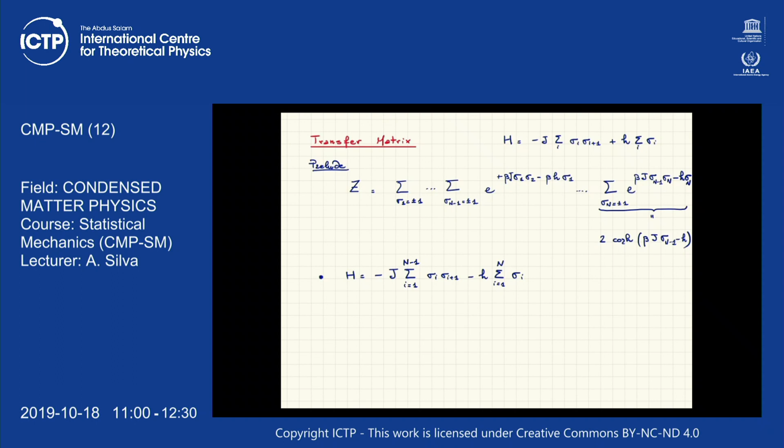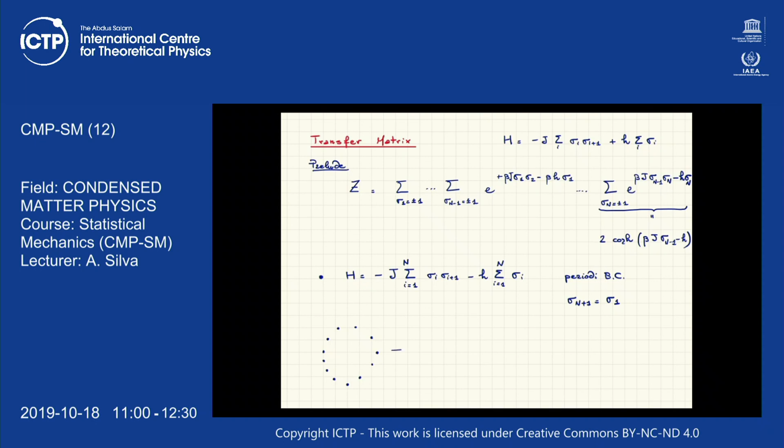Now, I want to have periodic boundary conditions, which means that sigma n plus 1 should be equal to sigma 1. Okay? This is what periodic boundary conditions mean. Now, periodic boundary conditions mean essentially that I'm dealing with an Ising model that is defined on a circle. Okay? Nothing else but a circle.